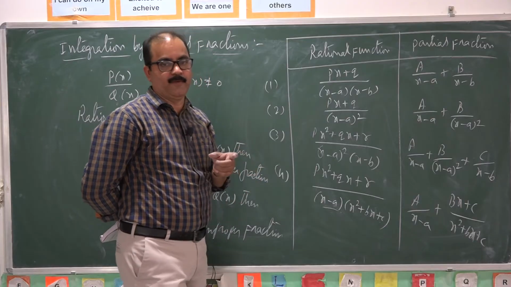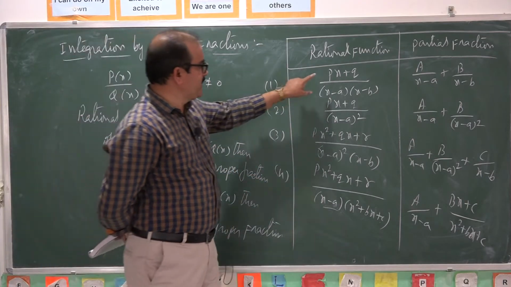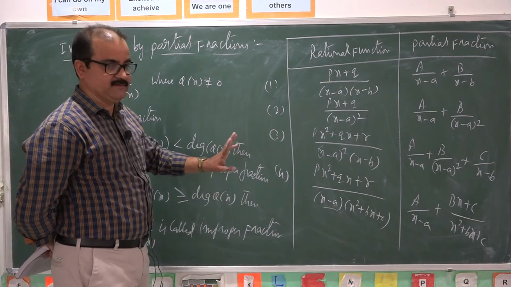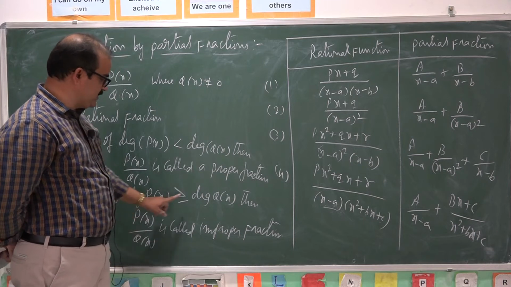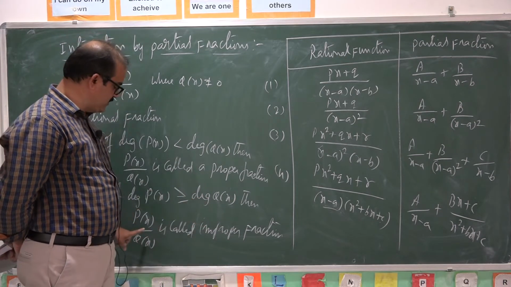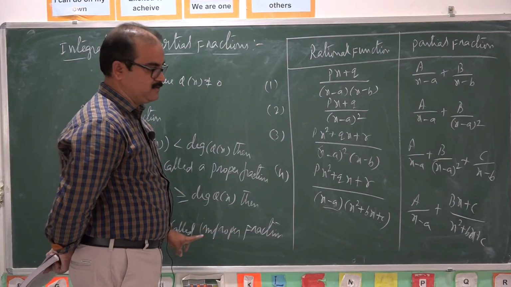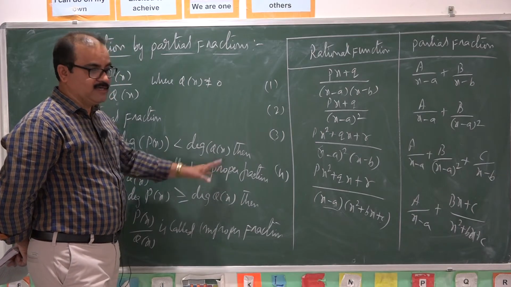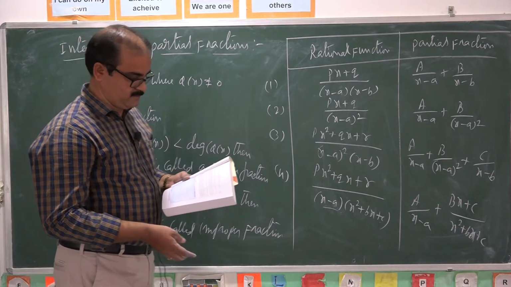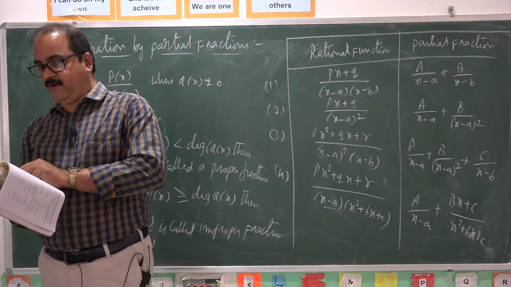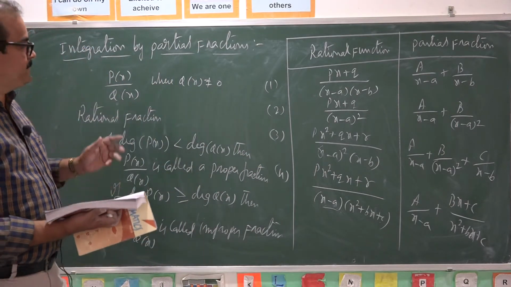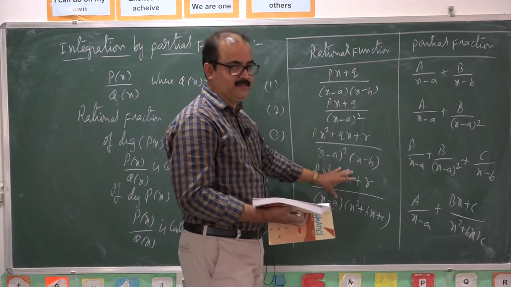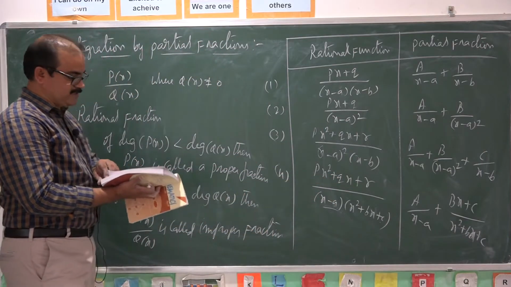It is said to be proper if the degree of the numerator is less than the degree of the denominator. If the degree of the numerator is greater than or equal to the degree of the denominator, then it is called an improper fraction. We reduce an improper fraction into a proper fraction by ordinary division. There are no separate formulas here. We just resolve the given problem into a sum of partial fractions by this method, and on integrating we get the solution.